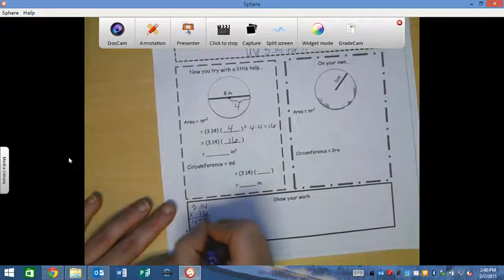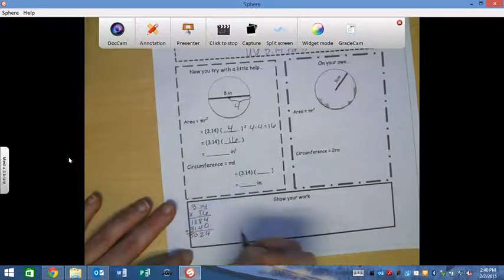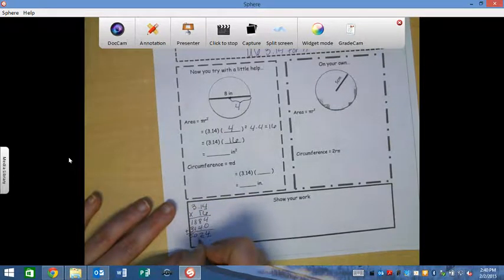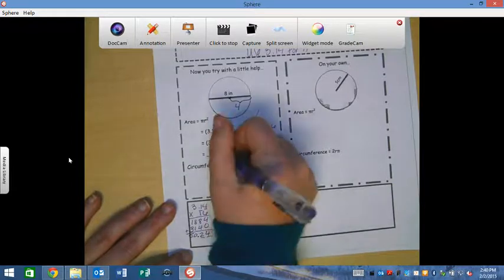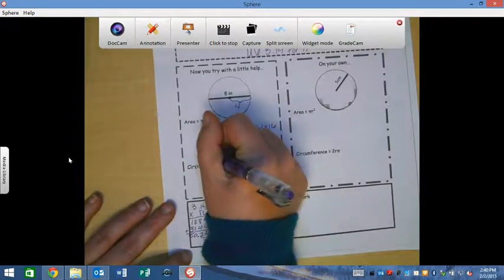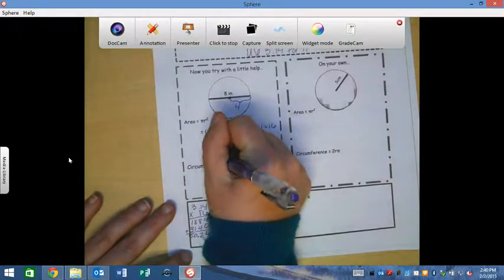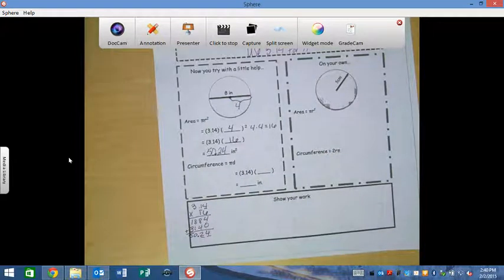And now we have 2 decimal places in our problem, so we have to put 2 decimal places into our answer. And so our answer is going to be 50.24 square inches. Notice that we're doing area, so our units are always going to be squared.